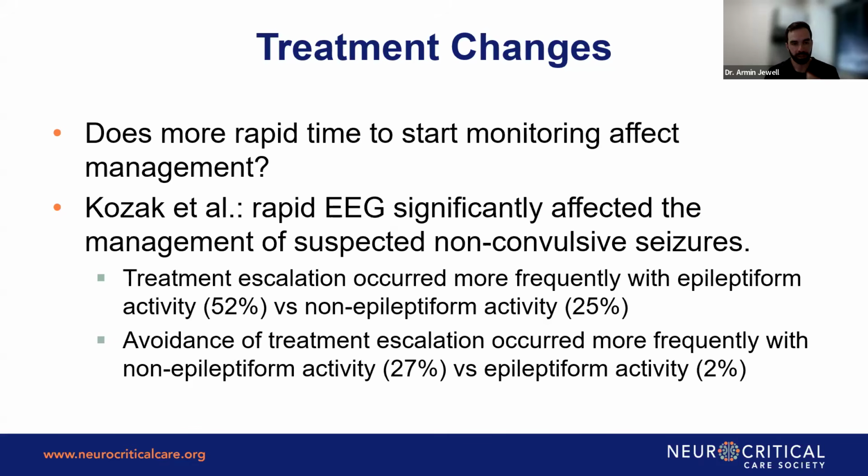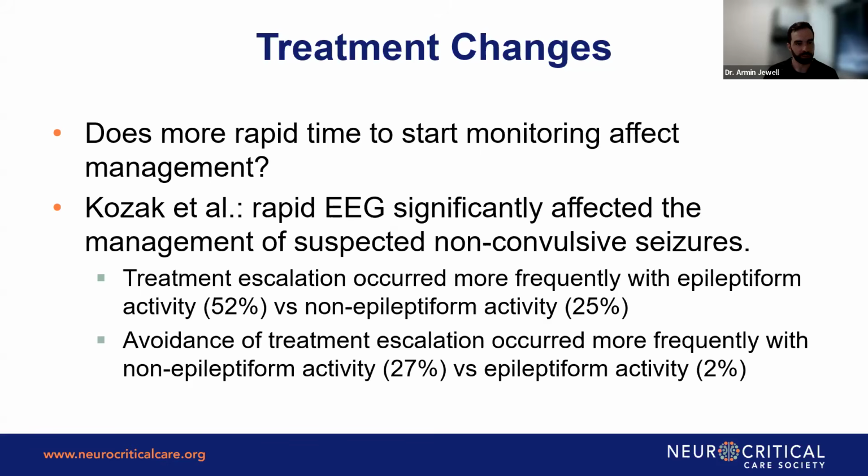And similarly, they more frequently avoided treatment escalation when there's suspicion of seizures based on the EEG. So they were able to see potentially that there weren't seizures in a suspected case of seizures, and they didn't need to escalate further, potentially leading to more length of stay, etc.